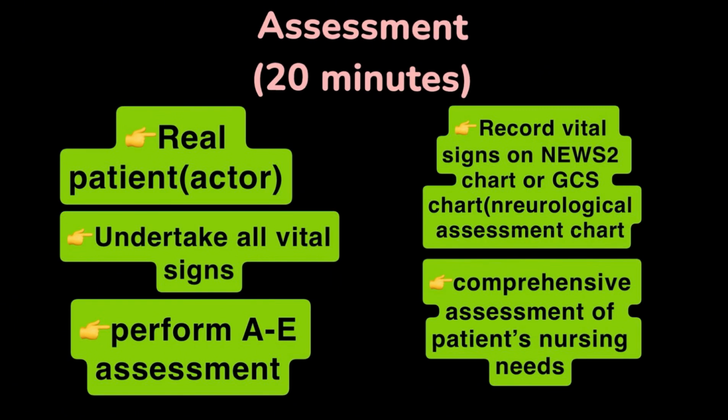And then you have to conduct a holistic or comprehensive assessment, in which you ask the patient about their physical, psychosocial, psychological, spiritual or sexual needs, if they need any help with that. After conducting the holistic assessment, you complete the assessment station and come out of the room. So this is your assessment station of 20 minutes.